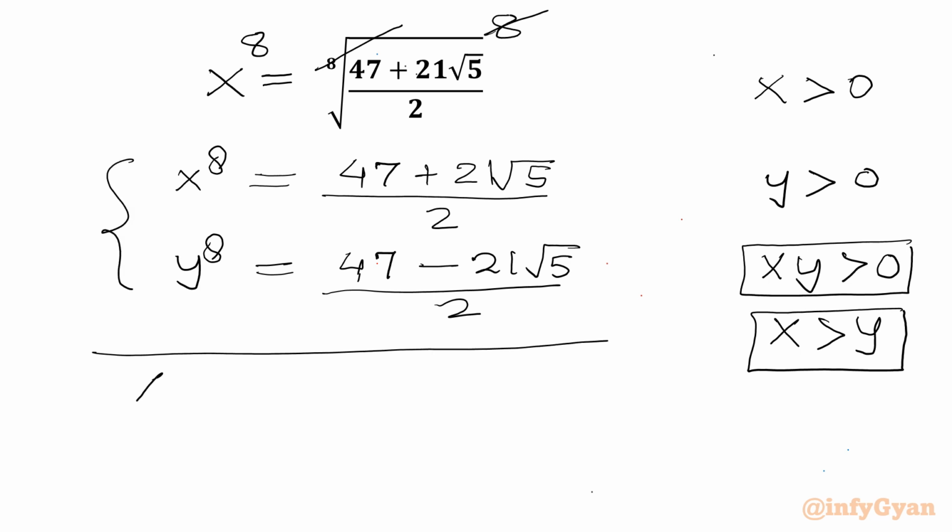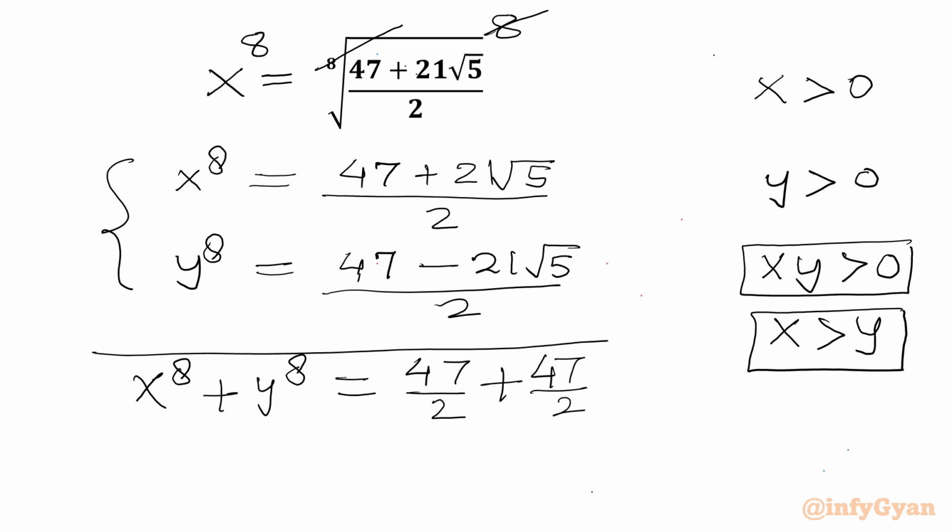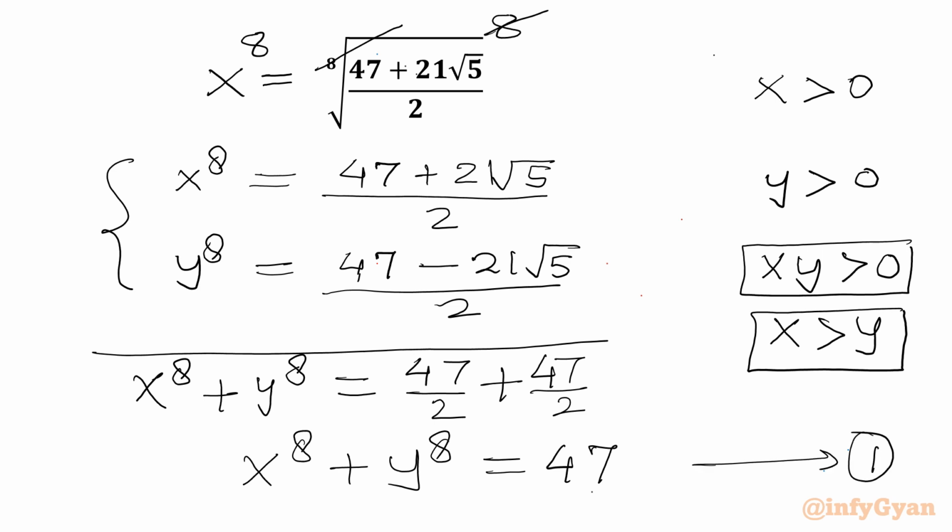I can write x^8 + y^8 would be equal to 47/2 + 47/2, which will give us x^8 + y^8 = 47. This I will call equation 1.